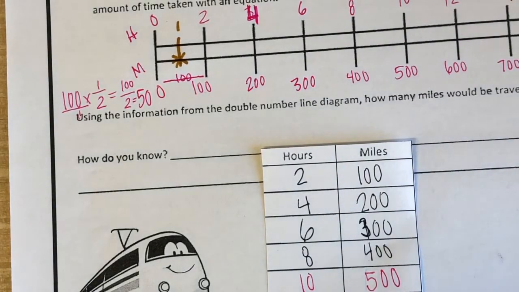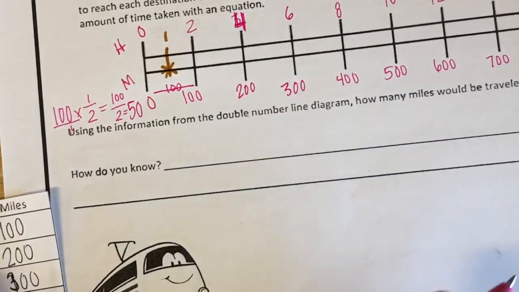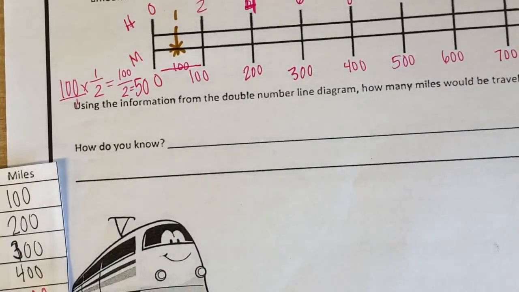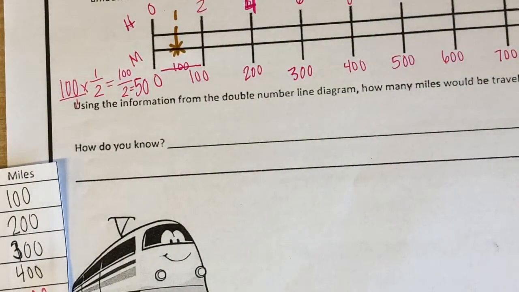at the very end. Also, it says down here, how do you know? So this is where we get to do some explaining of our thinking. We know, well, what did we just do? We know that in 2 hours you can travel 100 miles.